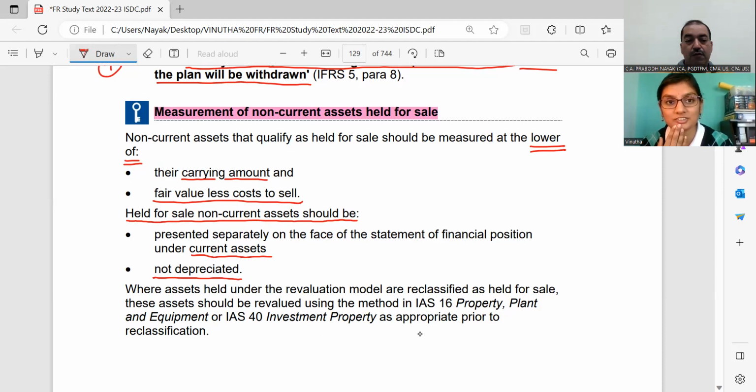No, not net residual value. It is not residual value, net realizable value. Yes, sir. NRV. Net realizable value. So for held for sale non-current assets, it is either at the carrying amount or at the NRV, whichever is less.